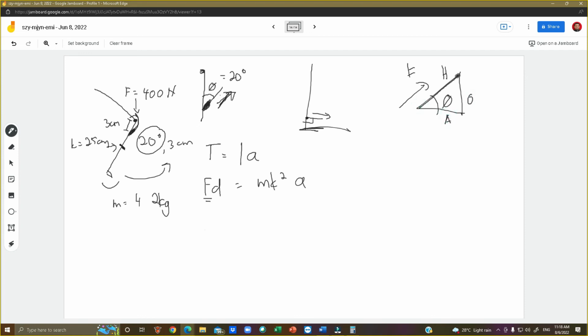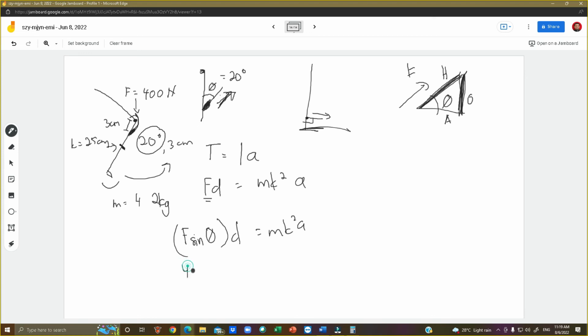Jadi kita nak bahagian ini, so we need to include bahagian O sekali. So if you face any problem like this, always remember F here is F sin theta and then D. Yang lain semua sama because it include an angle, means the force is not straight, the force is angular.